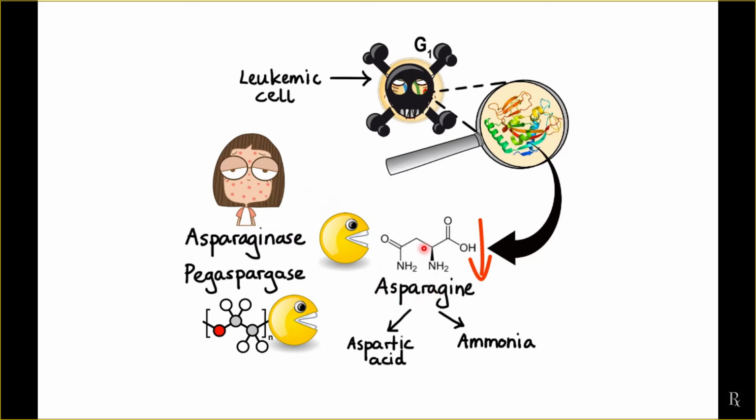So that is why if we inject an enzyme asparaginase that is destroying the asparagine to aspartic acid and ammonia, that will decrease the amount of the asparagine, and that is why the cell will be stuck in G1 phase, because the proteins that are required will never be produced.